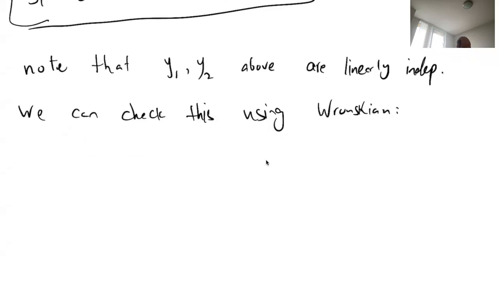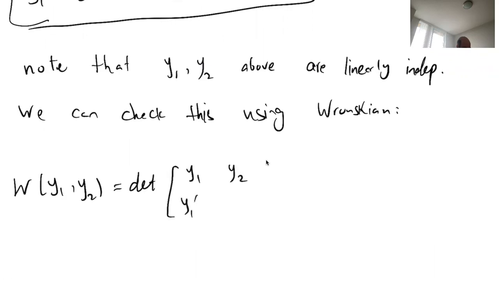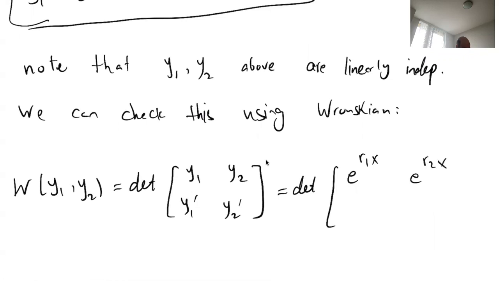So W of y1 and y2 is equal to the determinant of y1, y2, y1 prime, y2 prime. That's equal to the determinant of e to power r1x, e to power r2x, r1 e to power r1x, r2 e to power r2x.